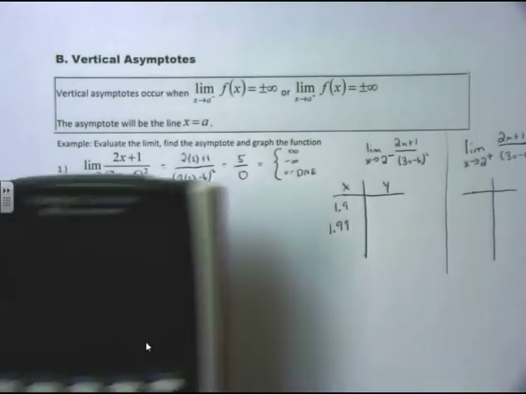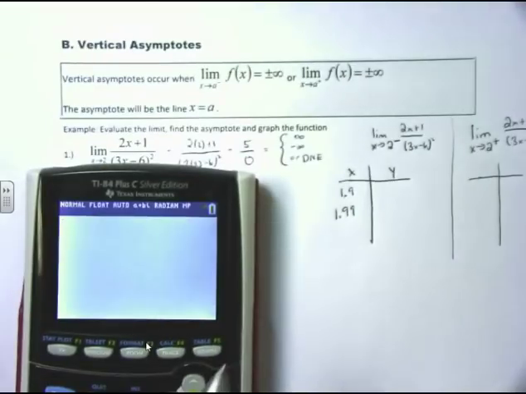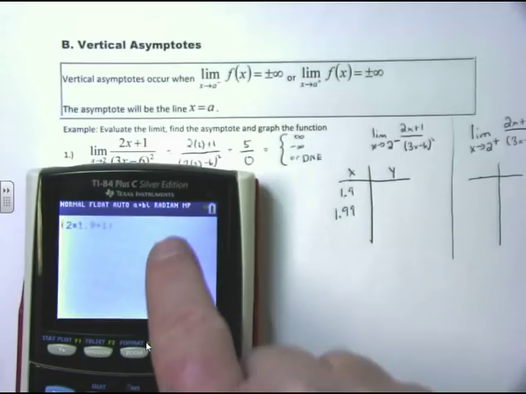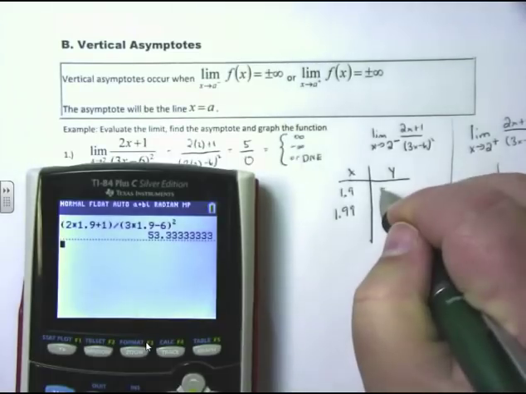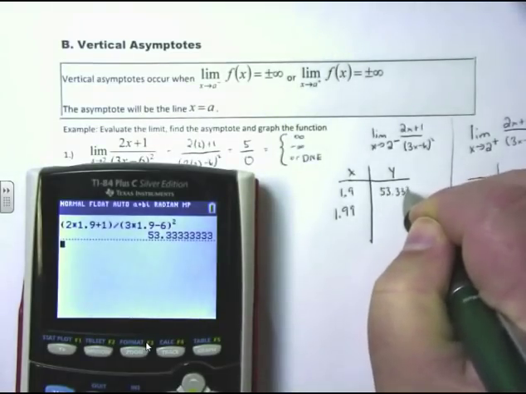So here we go. Let's use my calculator again. Parentheses around your numerator: 2 times 1.9 plus 1, close parentheses, divided by parentheses, 3 times 1.9 minus 6, close parentheses, and square for the denominator, enter. I got 53.333 when I plugged it in.